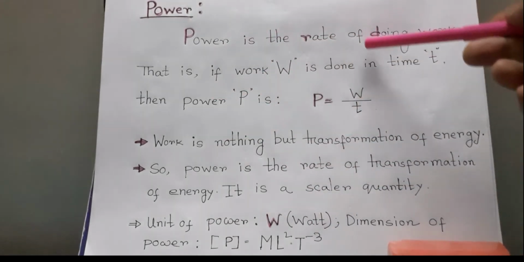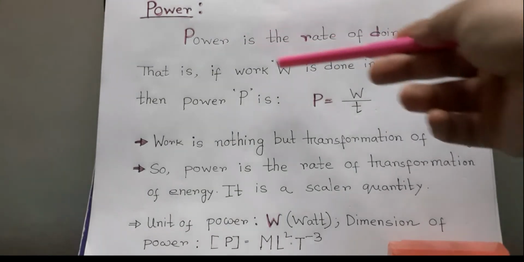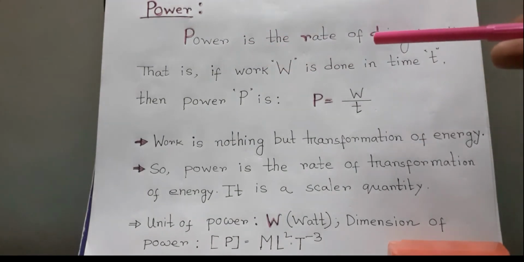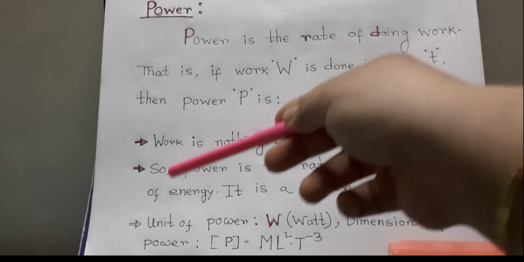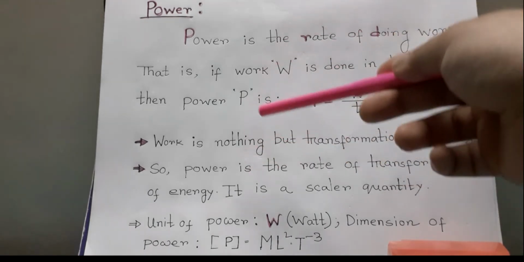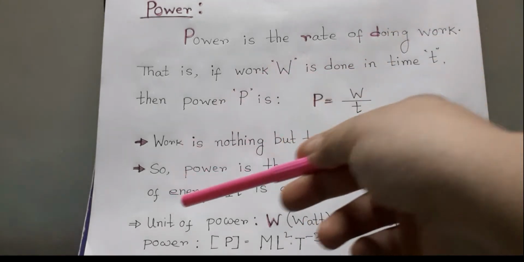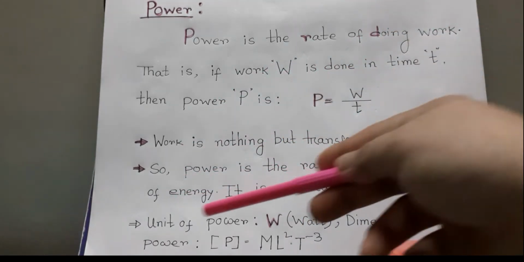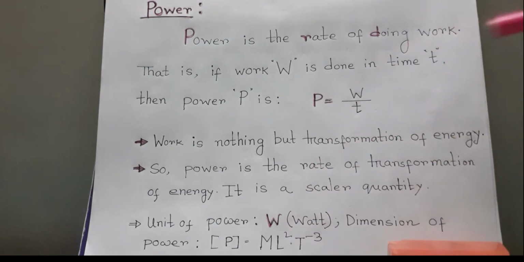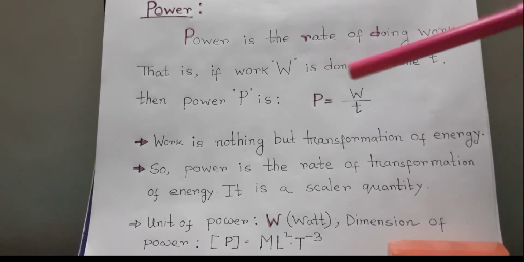Power is the rate of doing work, or we can say that power is the amount of work done per unit time, and power is a scalar quantity. We can say that power is nothing but the rate of transformation of energy, and the unit of power is watt. The dimension of power is mL square T to the power minus 3. Okay, it is clear, everybody?